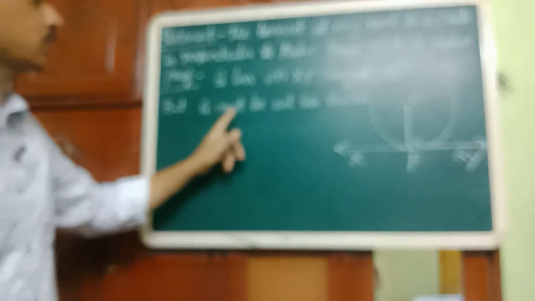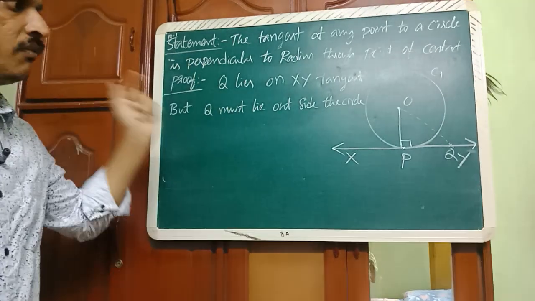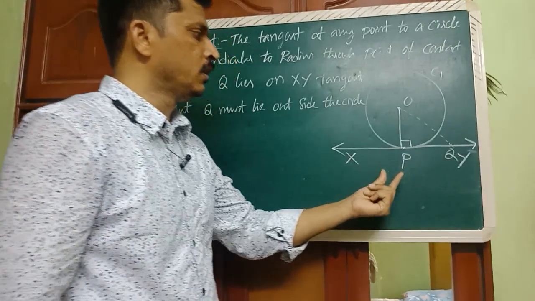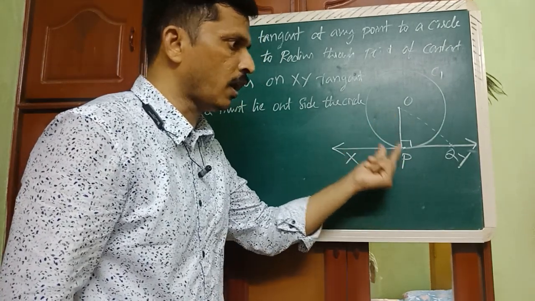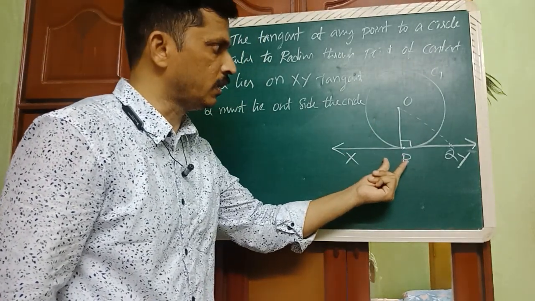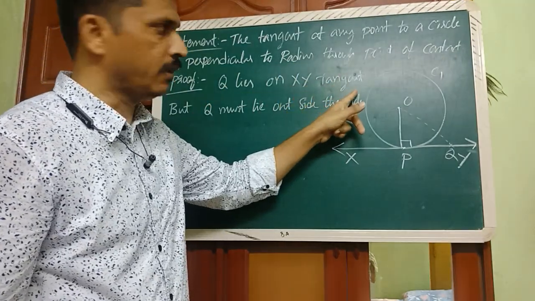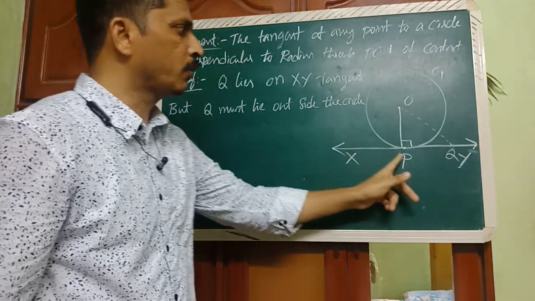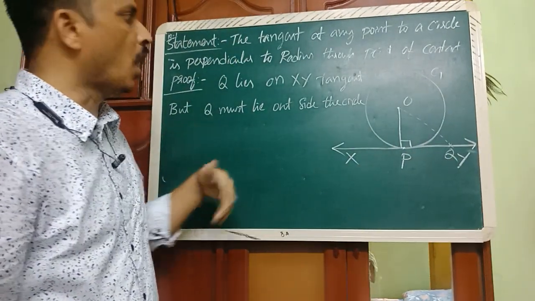Q must lie outside the circle. Why? Because of the definition of tangent. P is the point of contact, so only one point lies on the circle, according to the definition of tangent. Here I am taking one more point on tangent XY, but where is that point Q? Q is not inside the circle, it is outside the circle.